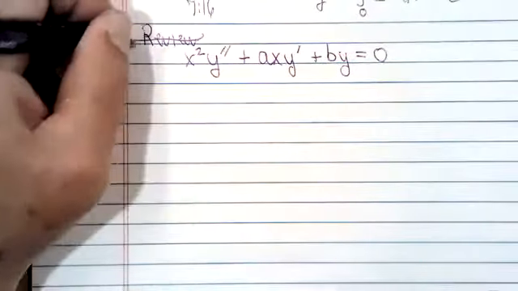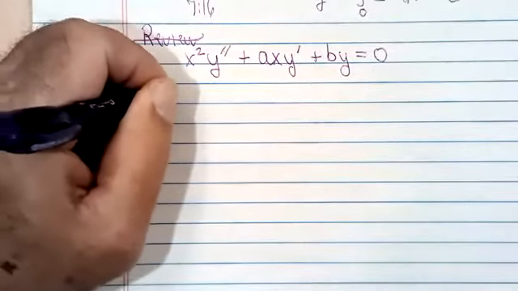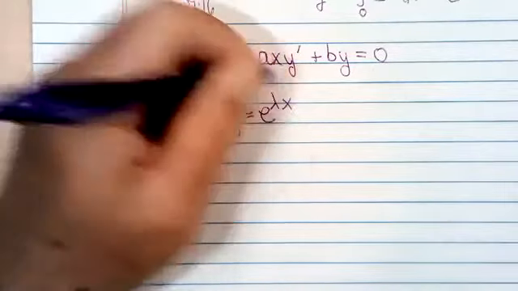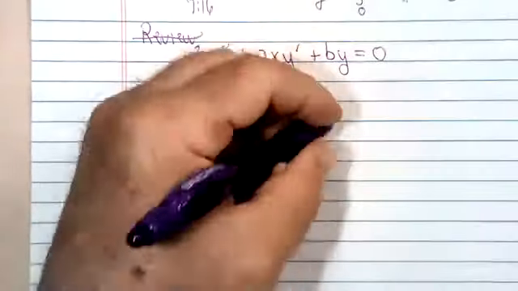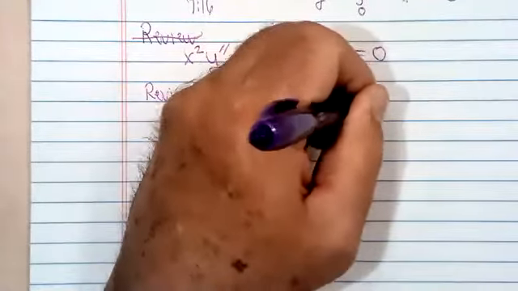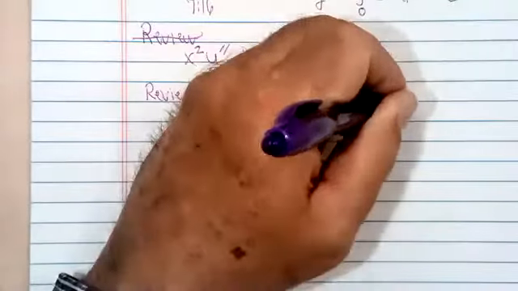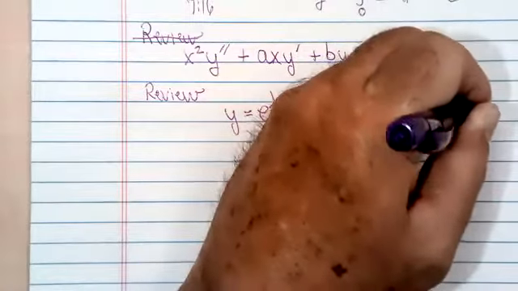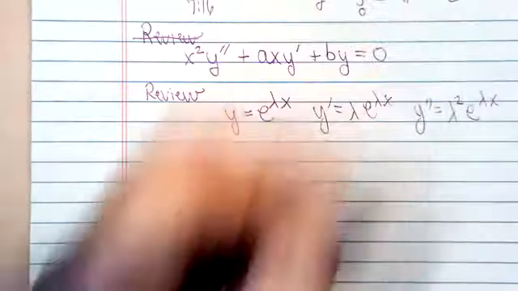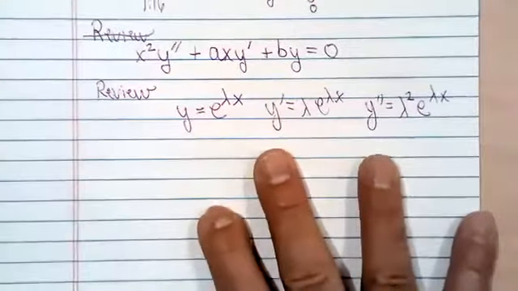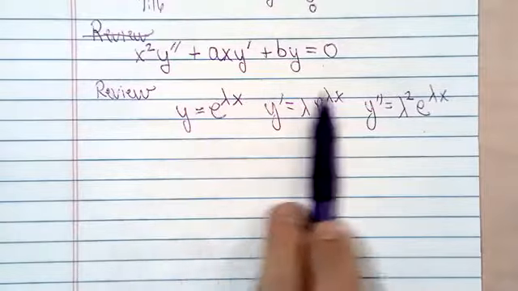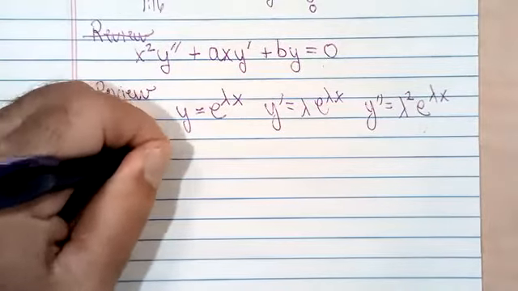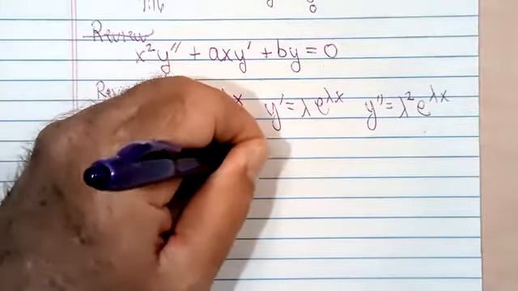Okay, now the review that I was going to say last time was this. If you just start with this observation, that if you start with exponential functions, when you take derivatives, you get the function back and some constant multiples along the way. So that suggests that these kind of functions might be solutions to constant coefficient equations.